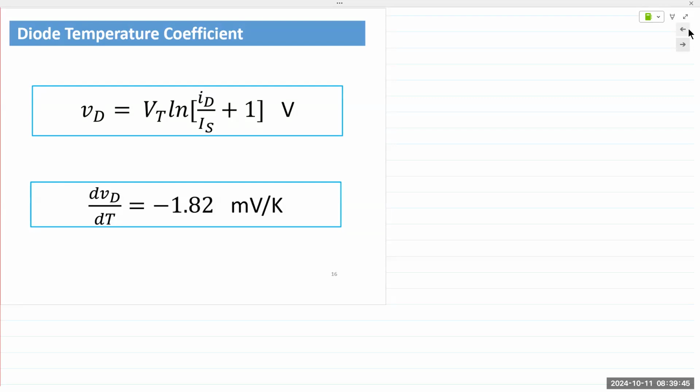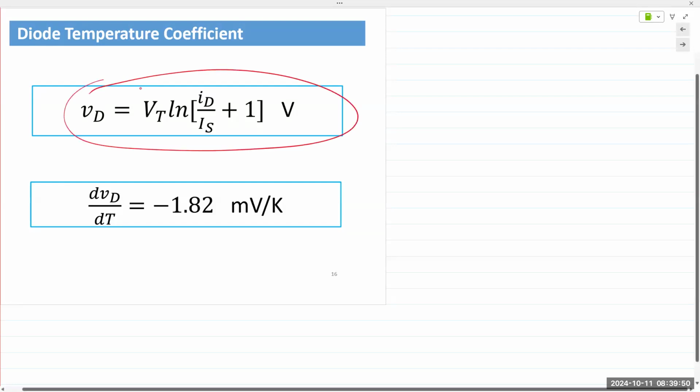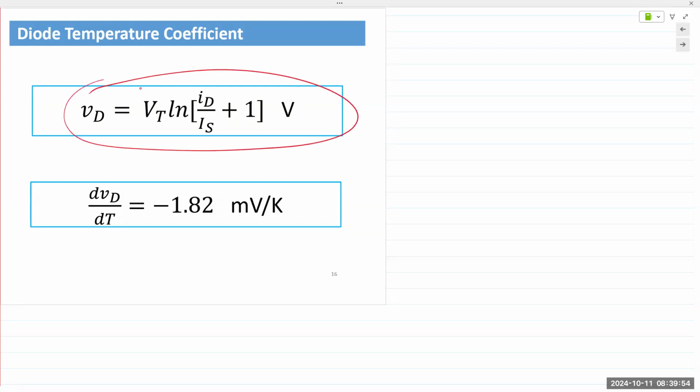Okay, so from the diode current equation, we can write an equation for the diode voltage. VD would be VT log of ID over IS plus 1. You're simply rearranging the terms.